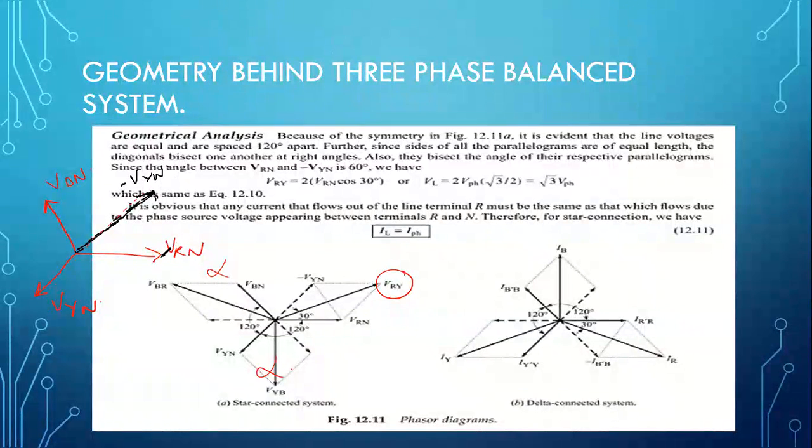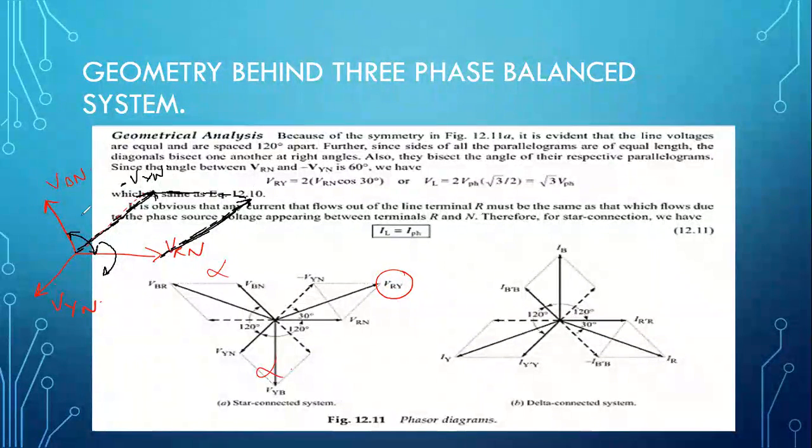So I'll take a parallel line here because I'll be using parallelogram vector addition. I can connect this. Initially this total angle was how much, students?